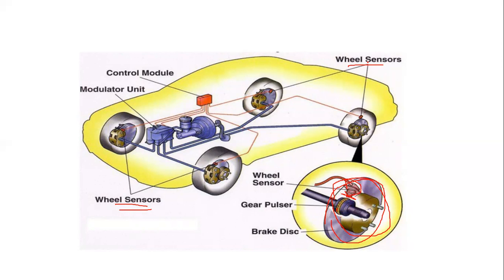Once the wheel sensor senses the vehicle speed, it will send the signals from all four wheels to this module. This is the ECU module. From this module, a single signal will come to this modulator unit. It's nothing but a distributor unit.